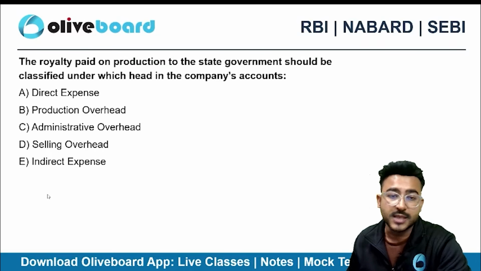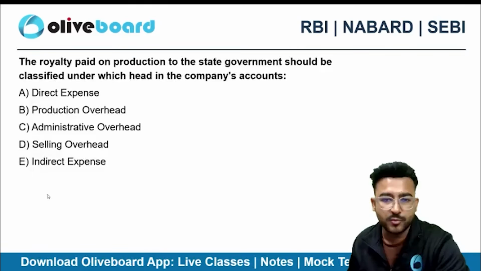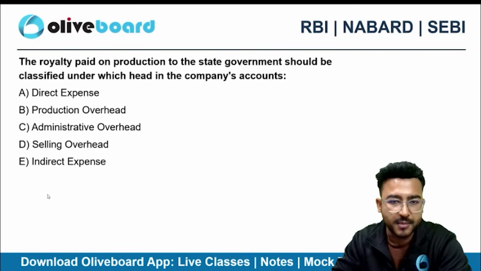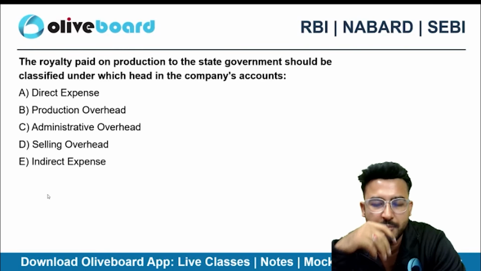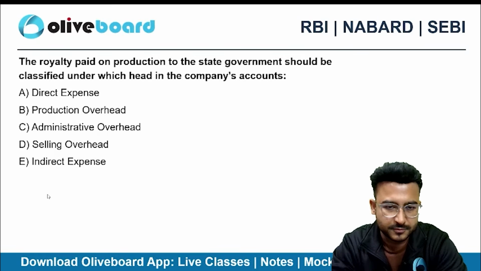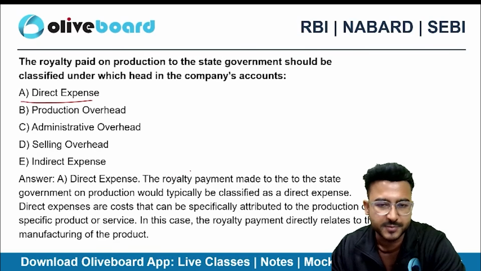Now here it is completely related to my production. The royalty is completely related to my production. So this will become a part of my डायरेक्ट एक्सपेंस. डायरेक्ट एक्सपेंस का पार्ट बन जाएगा.